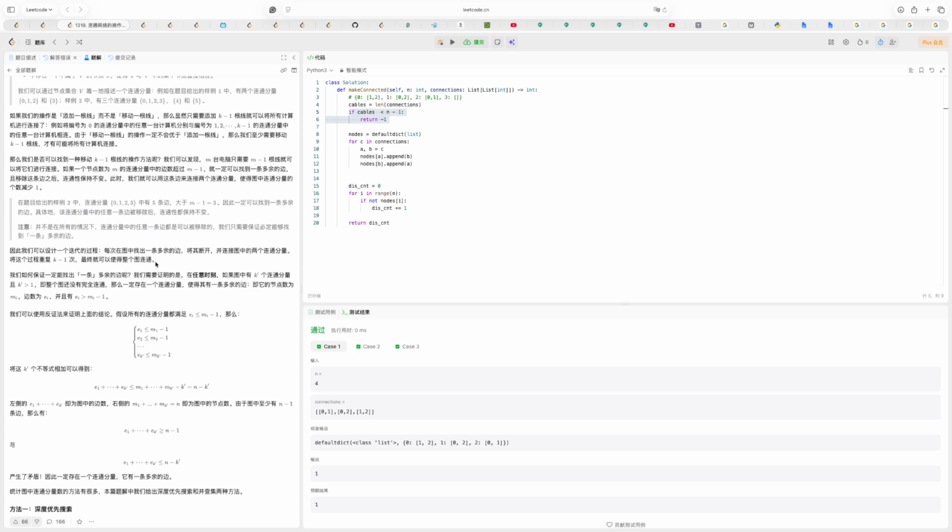It says if there are k groups, then we need at least k-1 operations to make all the k groups into one group.